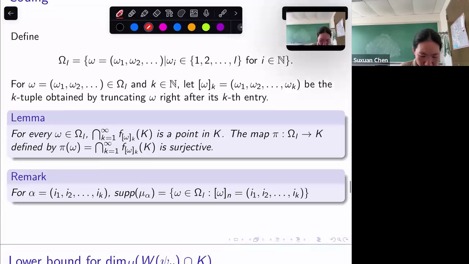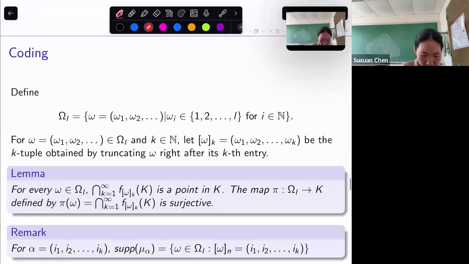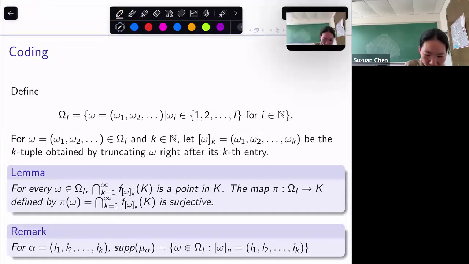So as an example, we can consider the middle third Cantor set.